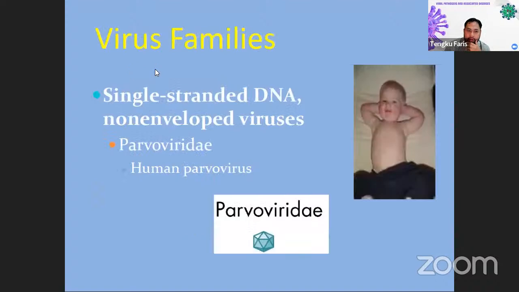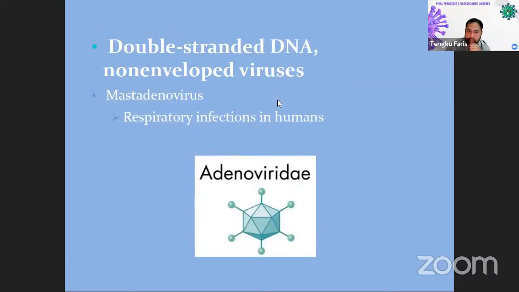Okay, and for virus families, we are going one by one through the viruses that we mentioned earlier. This is a type of DNA virus: single-stranded DNA, non-enveloped viruses, Parvoviridae. Some books mention it as the human parvovirus. This is the shape in the form of icosahedral. You can see the viruses invade mostly the kids, the babies.